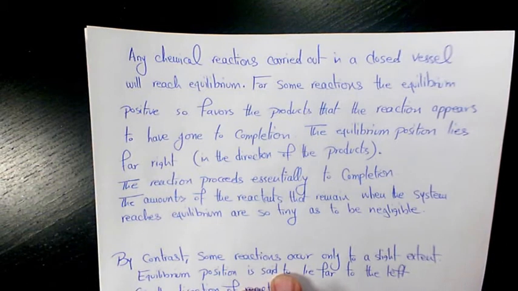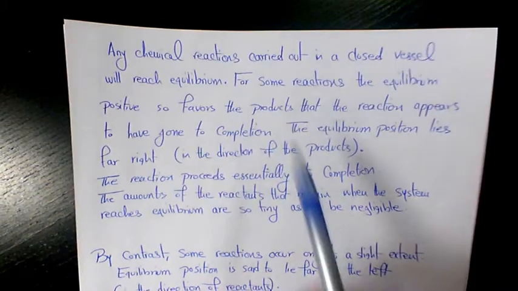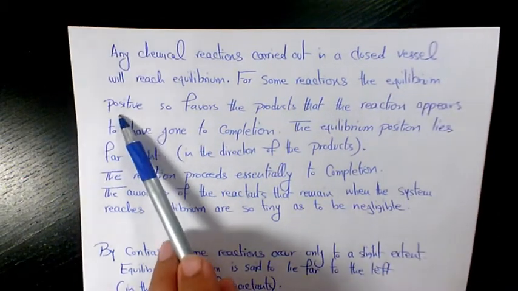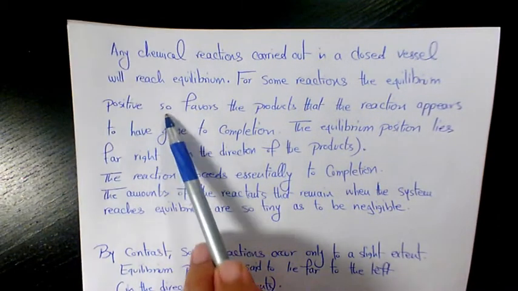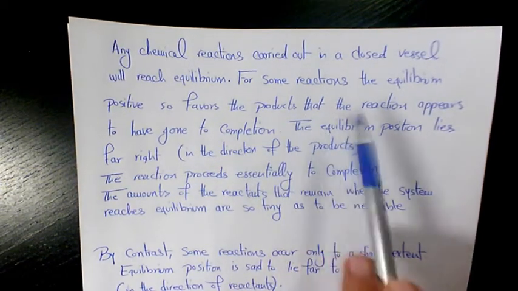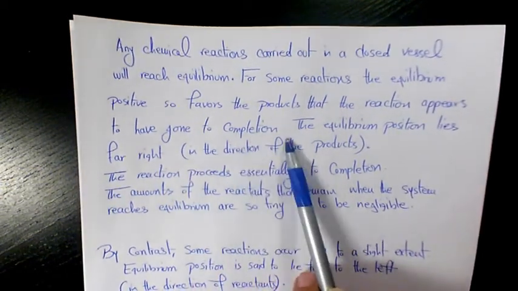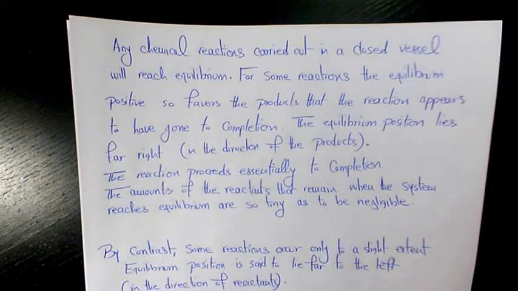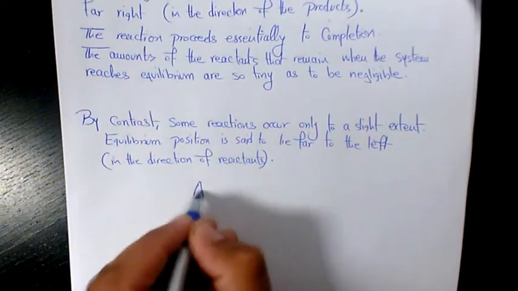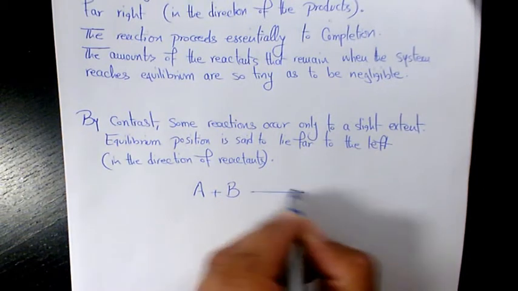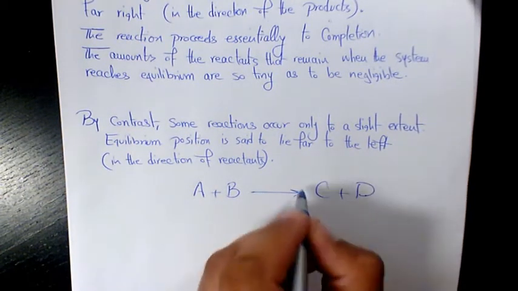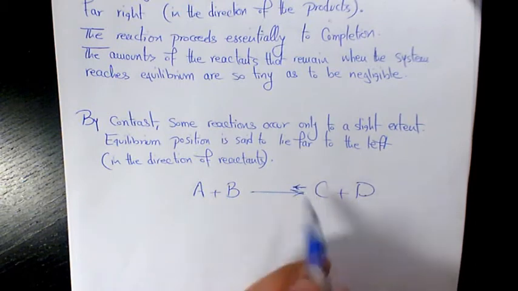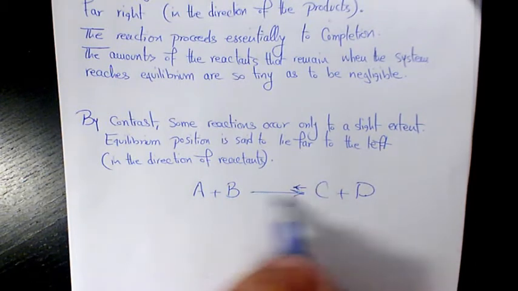Any chemical reaction carried out in a closed vessel will reach equilibrium. For some reactions, the equilibrium is so positive, favoring the products, that the reaction appears to have gone to completion. The equilibrium position lies far to the right. It means that the reaction favors products. So when A plus B gives C plus D, the reverse reaction is going to be much smaller than the forward reaction.